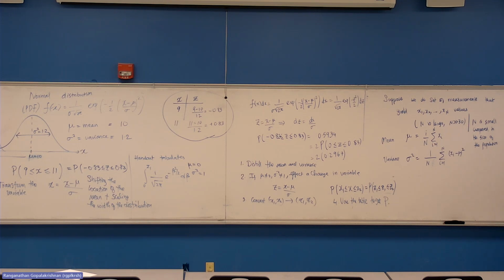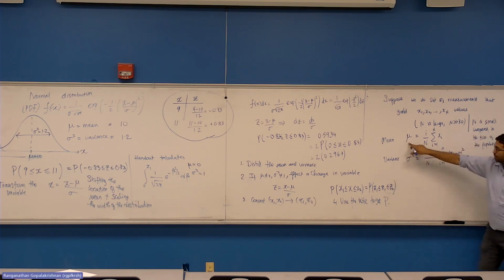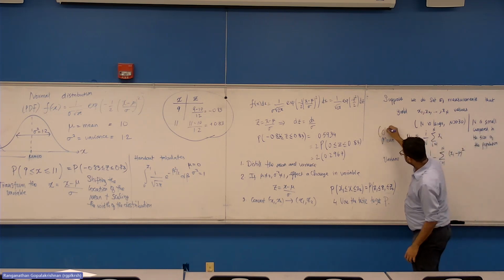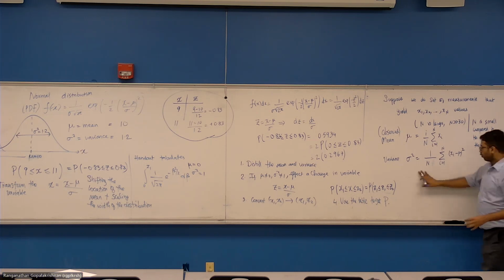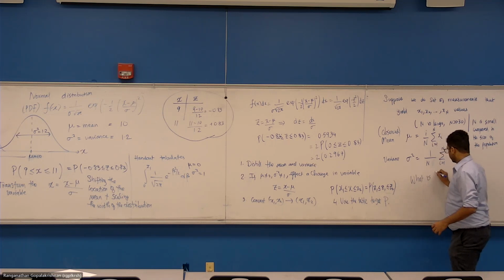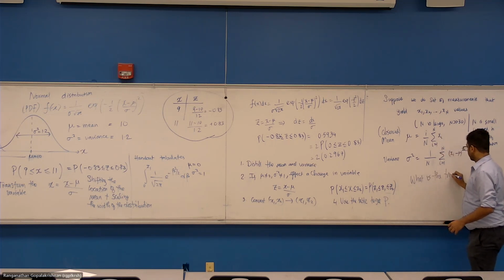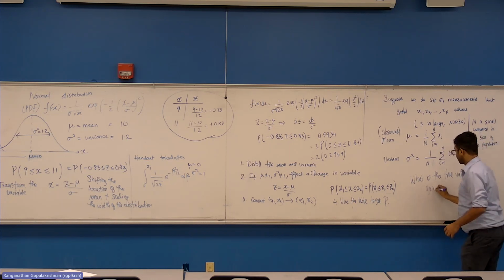Okay. So now my question is, if this is the observed mean, these are both observed values, meaning those that you actually observed, what is the true value of the quantity being measured?